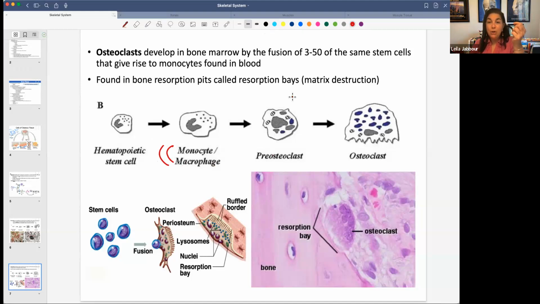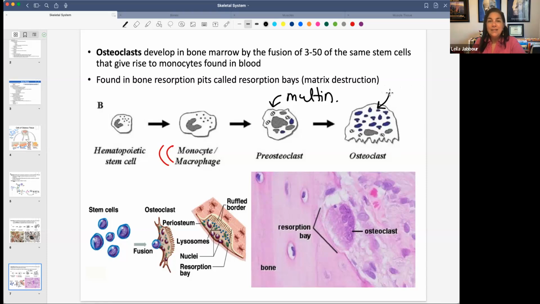We end up with a multinucleated cell that becomes an osteoclast.